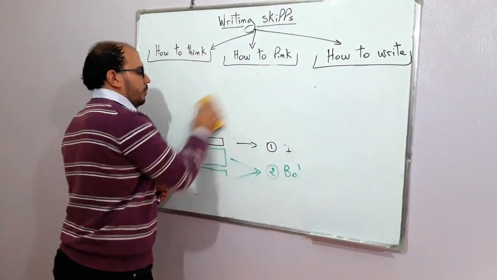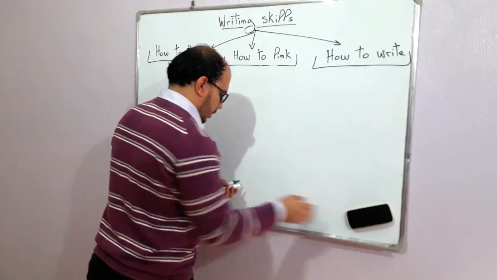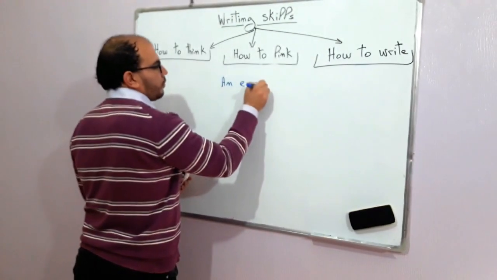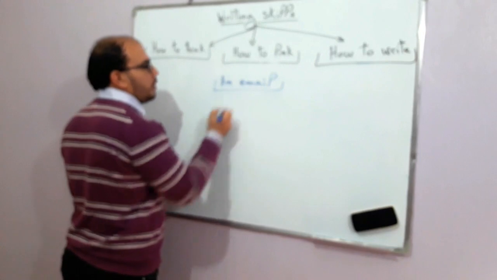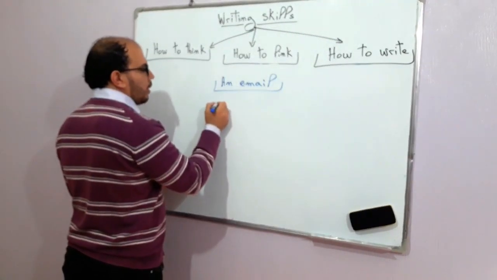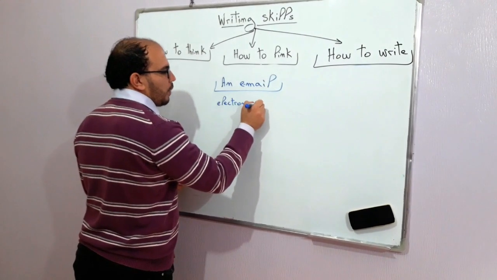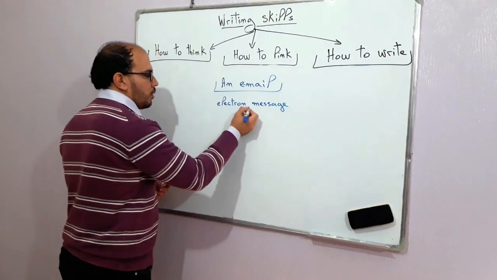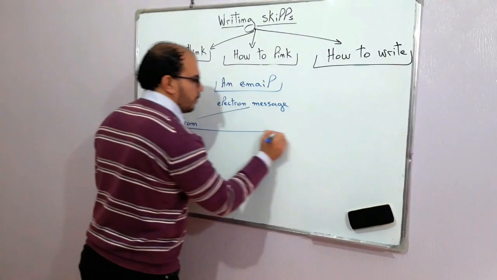Now let's move. If I have to write an email, and of course when we speak about an email, email stands for electronic mail, and mail is message. An electronic message, it is from, to.